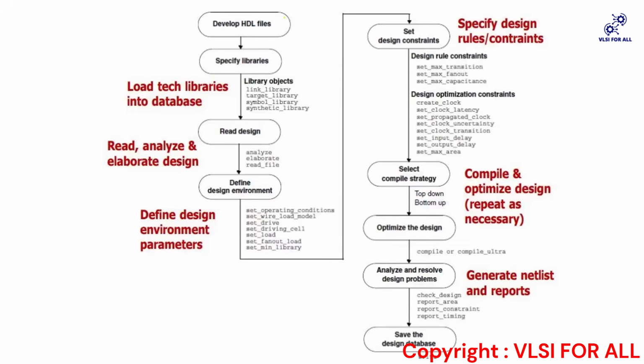So after this, you need to generate reports. Of course, you need to see the reports, right? If there are any timing violations, whether all the timing requirements are met or not. So you need to analyze and resolve design problems. You can use commands like report timing, report QOR, report constraint, report clock timing. These are important commands.